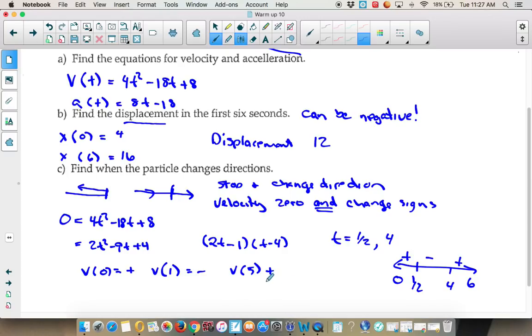Okay, so it changed at t equals 1/2 and 4, because velocity of time changed signs. Okay, and just like with our limit language, we need to always include our reasons and our justifications.